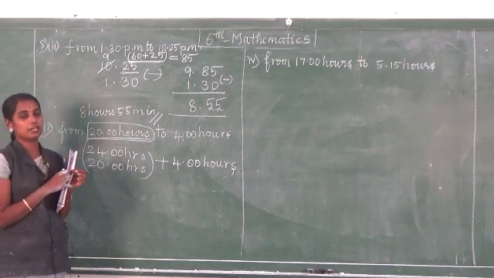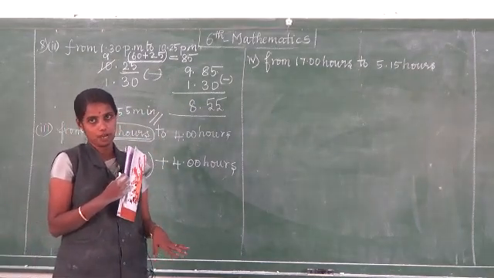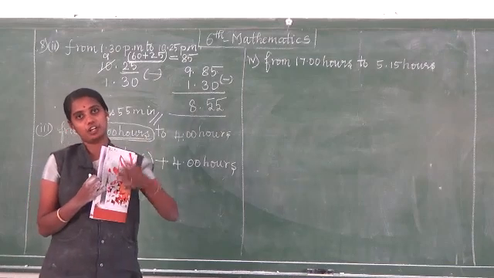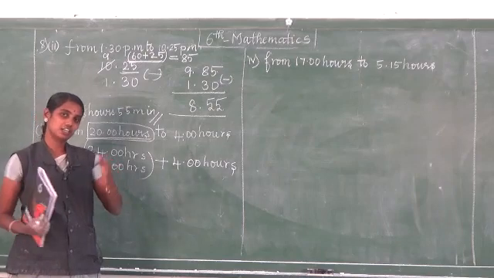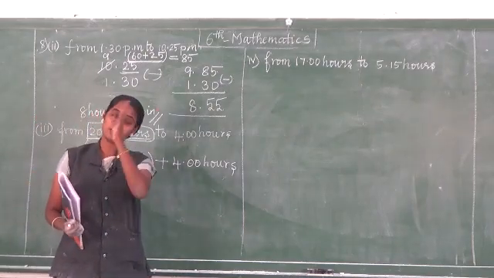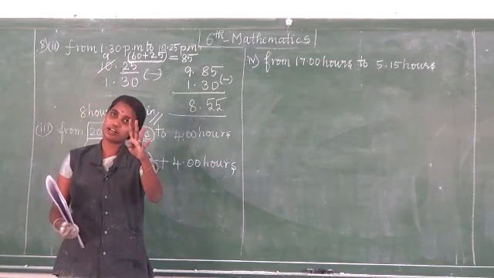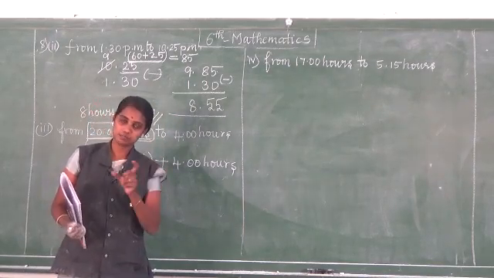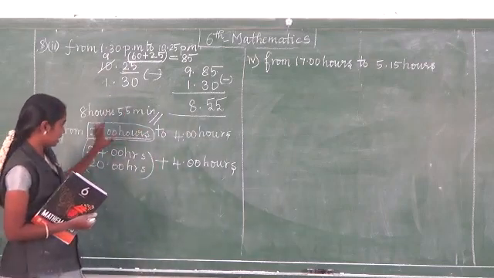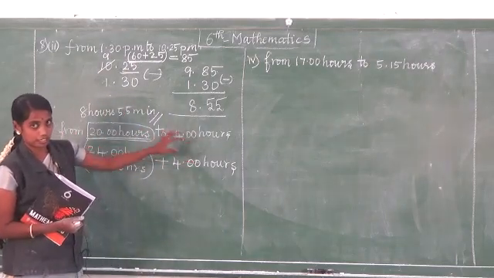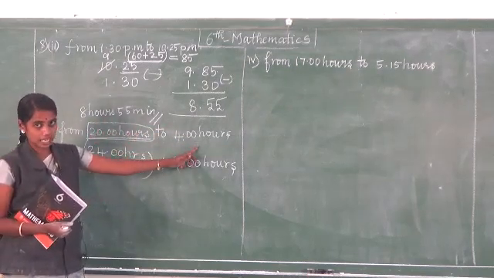If it is AM and PM, it is very easy. We can subtract directly if it is AM or PM, because that is a calculation for 12 hours. When you go for the 24 hours, it's not like that, because today is 20 hours and tomorrow is 4 hours. The 4 hours is tomorrow. This is one day, this is another day, because 24 hours format is one day.